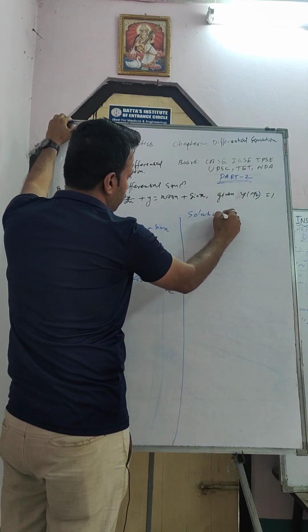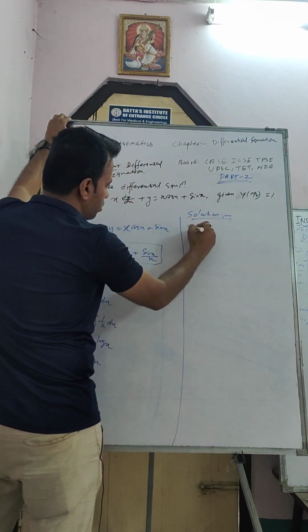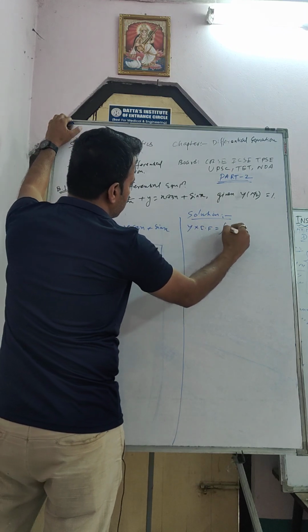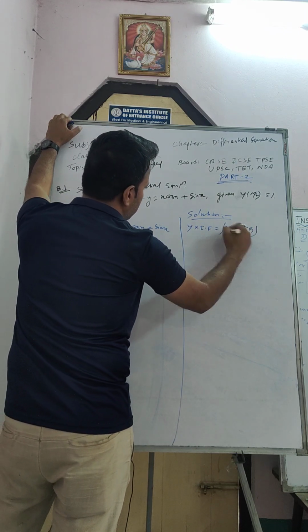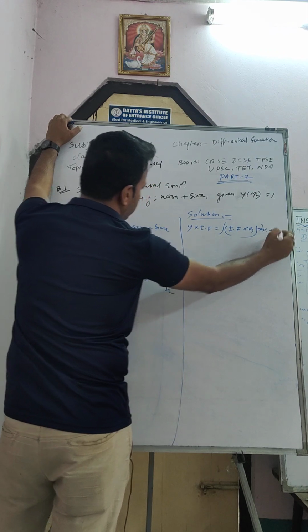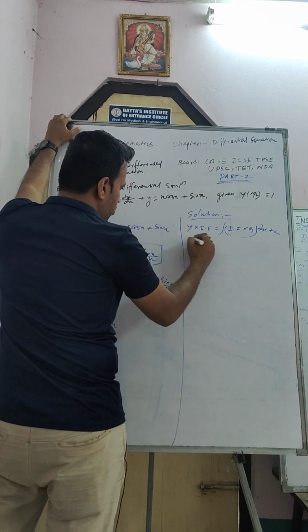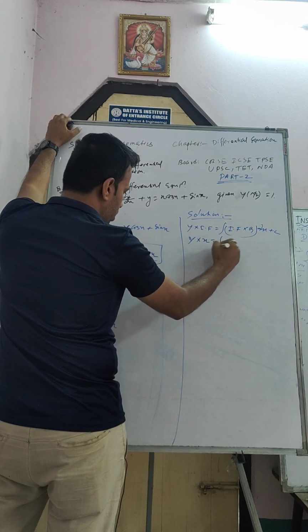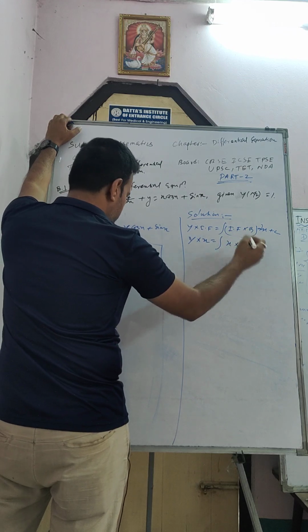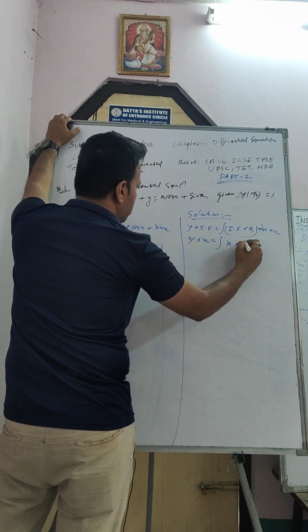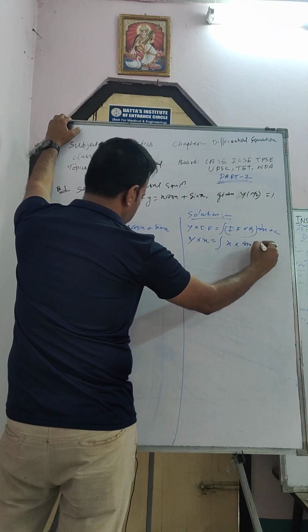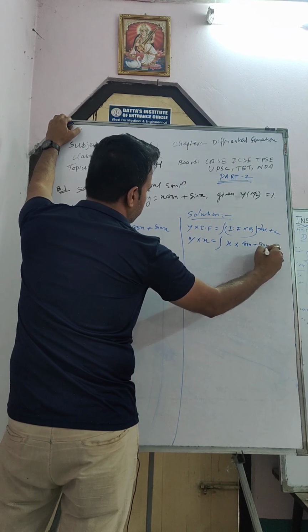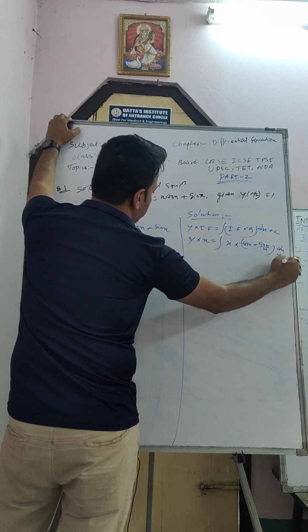The solution of the differential equation will be like that: y into I.F. equals integral of I.F. into Q dx plus c. So y into x, I.F. is x, and Q is cos x plus sin x by x, dx plus c.